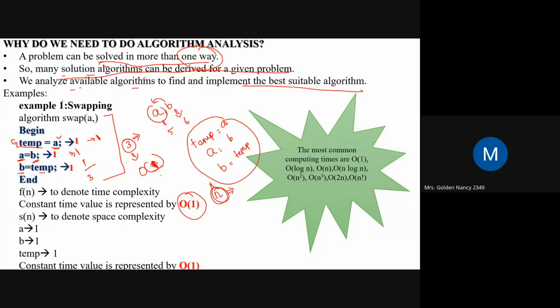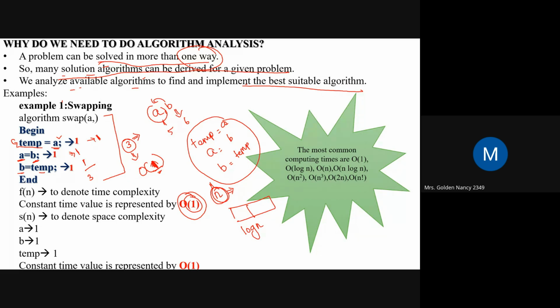If there is a constant time, then it will be denoted by 1. If you are dividing a problem, for example in binary search, where you search by dividing the problem, then the time complexity will be log n, since it is dividable. Likewise you can denote it in different ways.